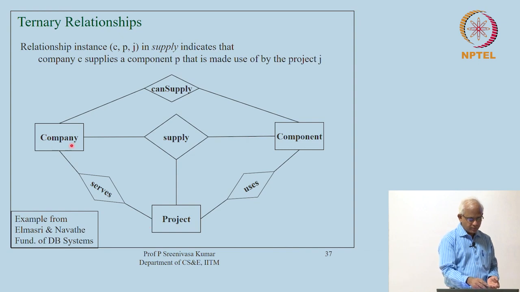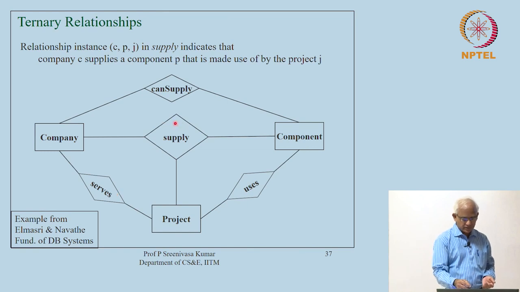And if a company is supplying some component to a particular project, then we call that company serves the project. So, that is a binary relationship between company and project. These are the familiar binary relationships.